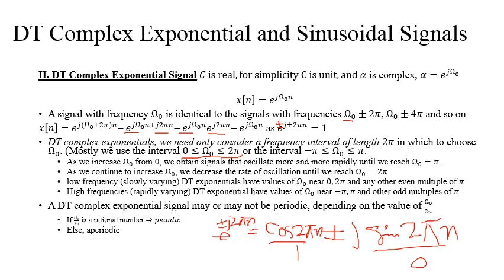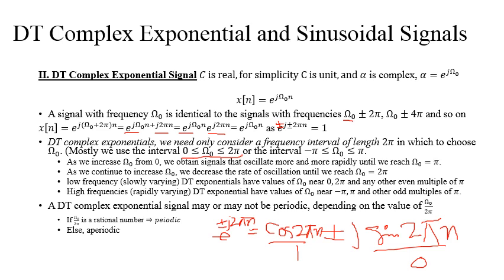And high frequencies, which are rapidly varying discrete time exponentials, have values of omega naught near minus pi or plus pi, right? In other words, we can say the odd multiples of pi have higher frequency, and even multiples of pi have the lower frequencies, right?